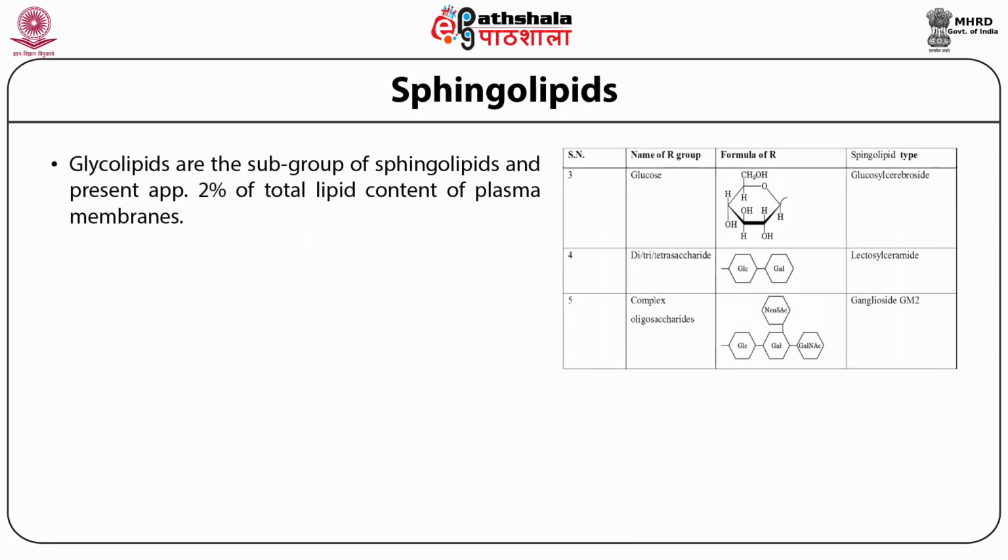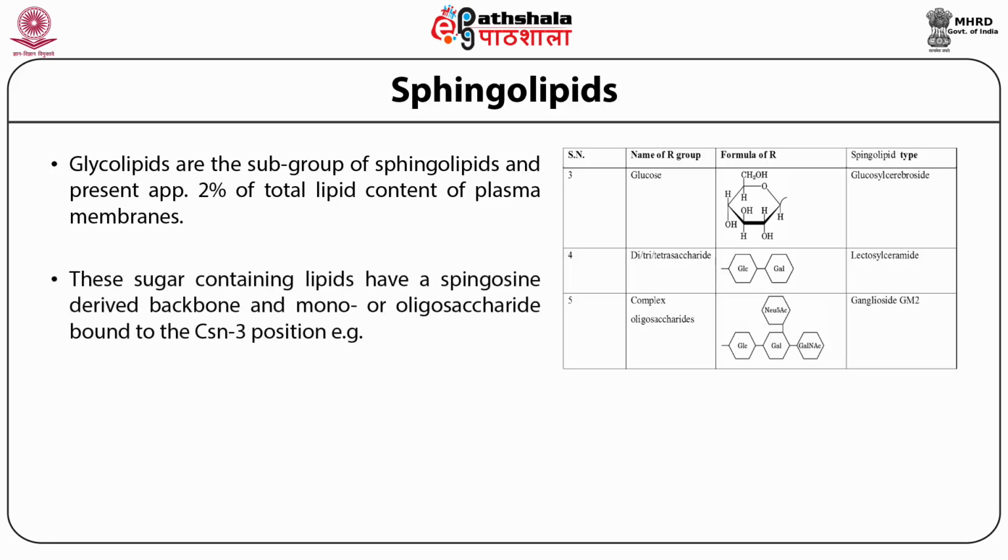Glycolipids are a subgroup of sphingolipids and they represent approximately 2% of total lipid content of plasma membranes. These sugar-containing lipids have a sphingosine-derived backbone and a mono- or oligosaccharide bound to the C1 position.